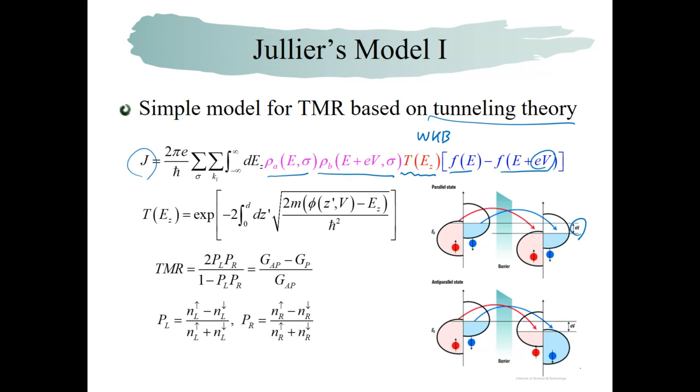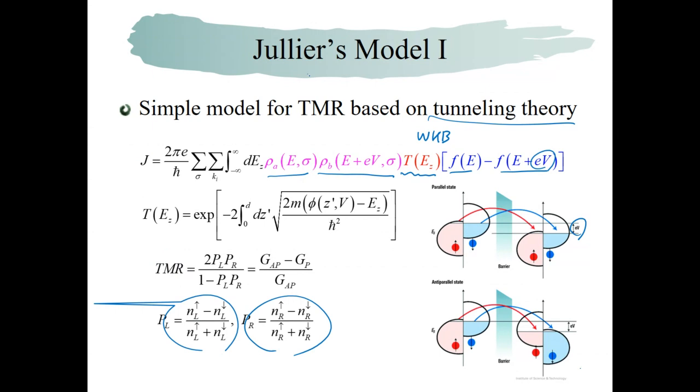So with this formula, we can obtain the TMR value, and with a simple assumption, we can obtain a simple result. The TMR value is only proportional to the spin polarization. And the spin polarization means the difference between the spin up and spin down density of states, the number of carriers. So that means if you select the ferromagnetic layer, this information is only from the ferromagnetic layer.